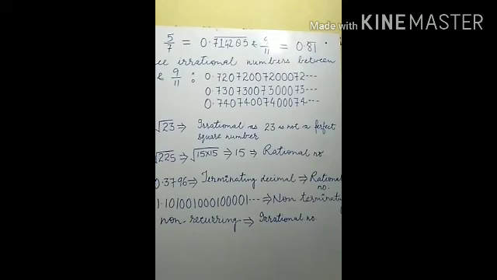It means nothing is occurring again and again. So this one is non-terminating, non-recurring. Non-terminating, non-recurring decimals are in the category of irrational numbers.